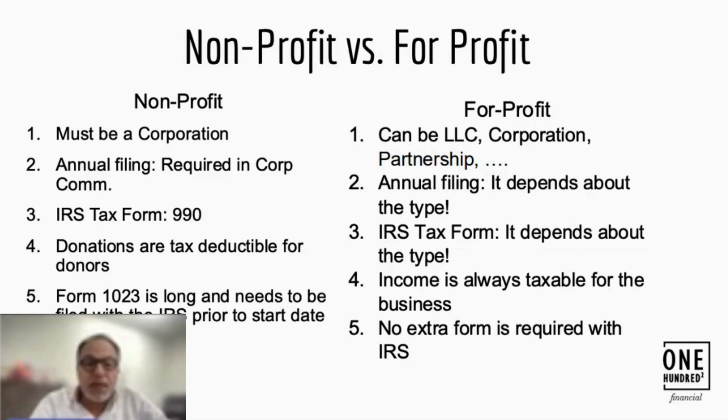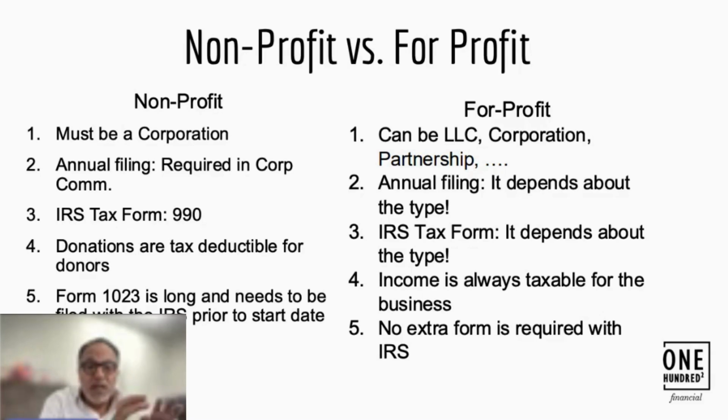And the final thing is there's a form called 1023. It's a long form, like 23 to 26 pages, with the IRS. If your company is for-profit, you don't have to do it. If you're doing a nonprofit, you have to file that form 1023.